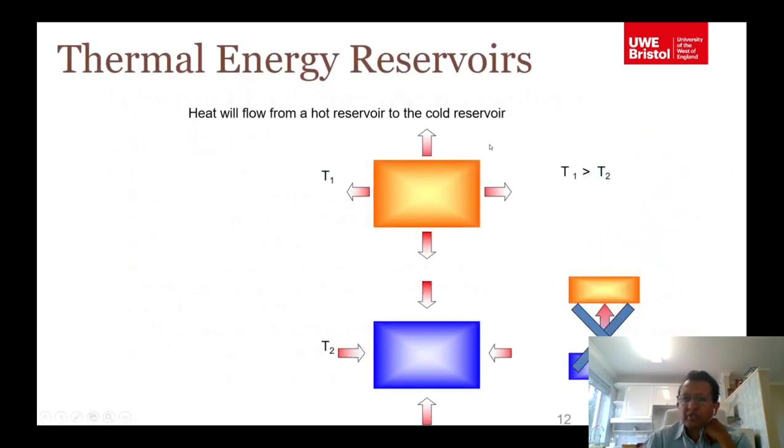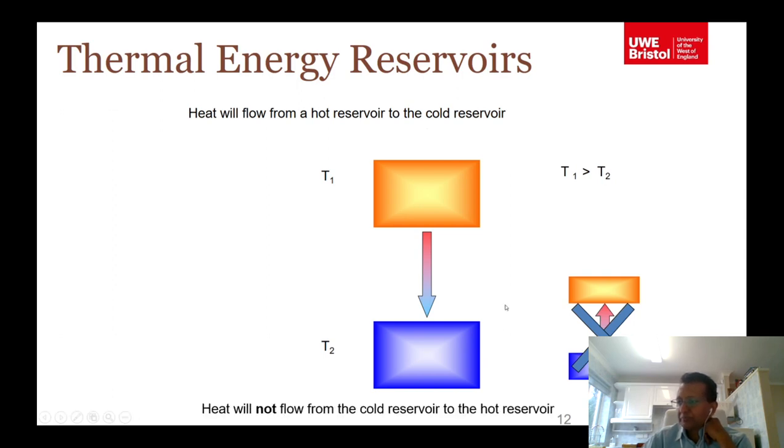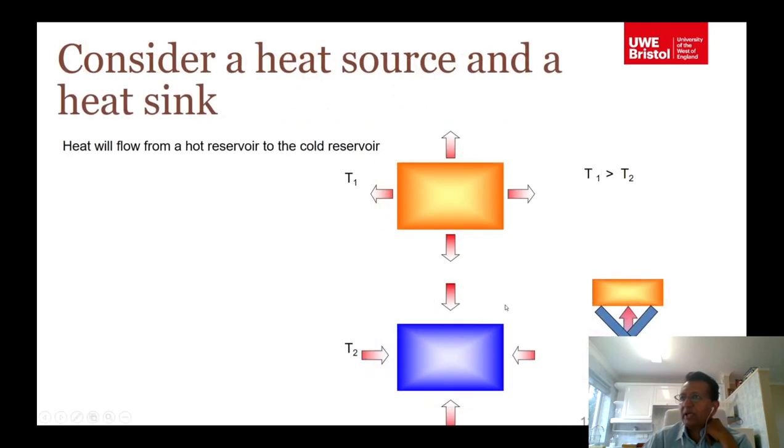So we talk about what are called thermal energy reservoirs. Suppose this is a hot reservoir and that's a cold reservoir. Heat will transfer from a hot reservoir to a cold reservoir only naturally, where T1 is greater than T2, and the reverse cannot happen. Heat cannot naturally transfer from a cold reservoir to a hot reservoir.